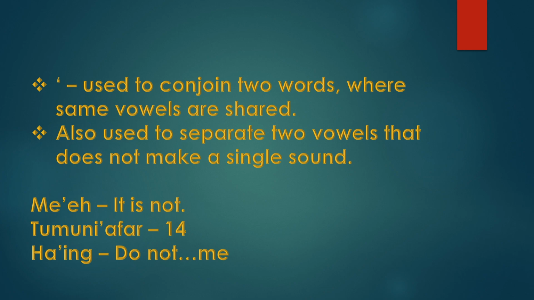We also have the apostrophe. We use this to conjoin two words where they share the same vowel, and we also use it to separate two vowels that do not make a single sound. So it's not like N, where we use it between a short and a long vowel. Here are two separate vowels that do not make the same sound.